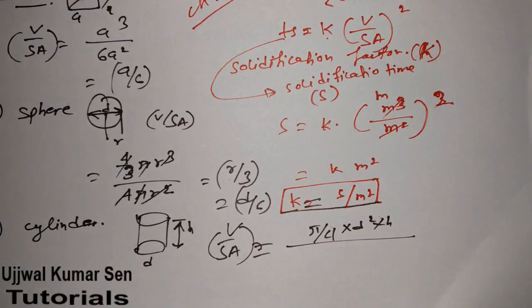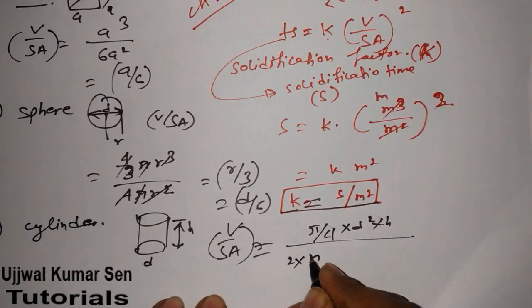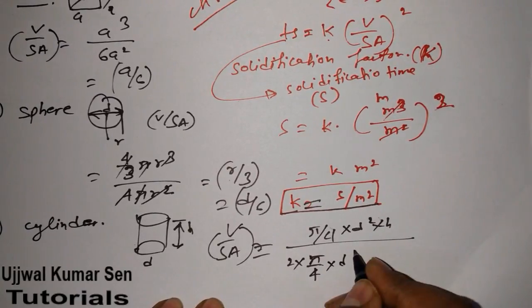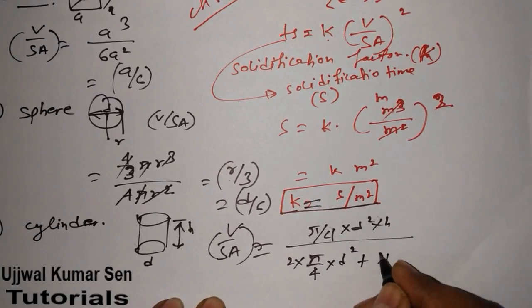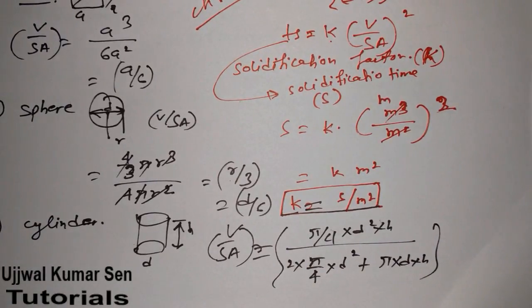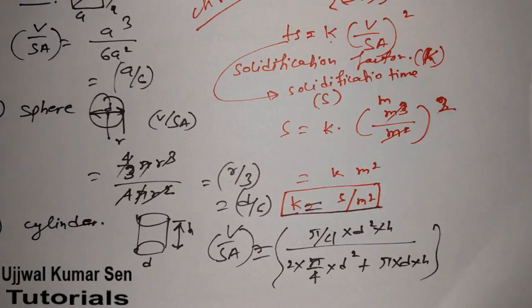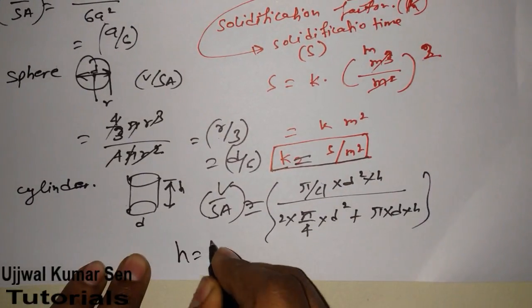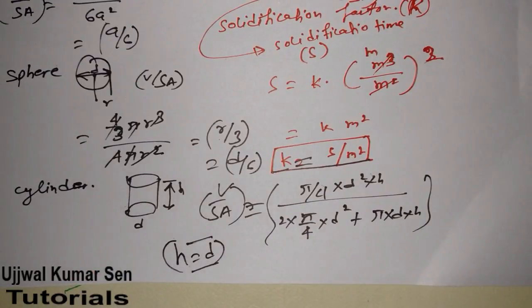Now surface area: 2 pi by 4 into d square plus pi into d into h. This is the formula. Now, most important thing, if we are considering a cylinder whose height is equal to diameter, then what would be the case for this?